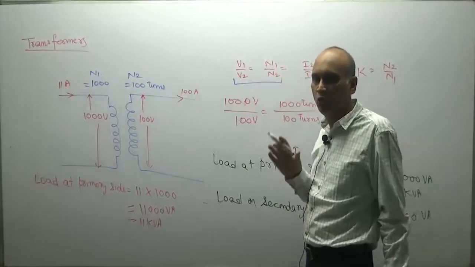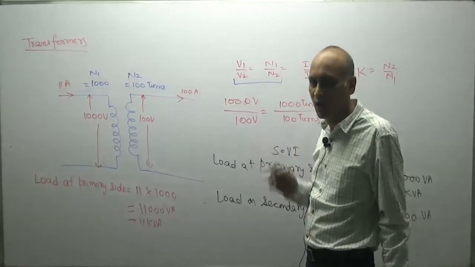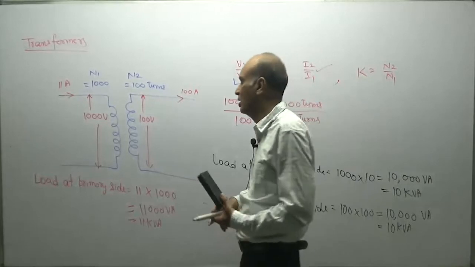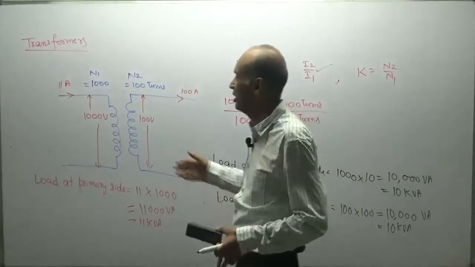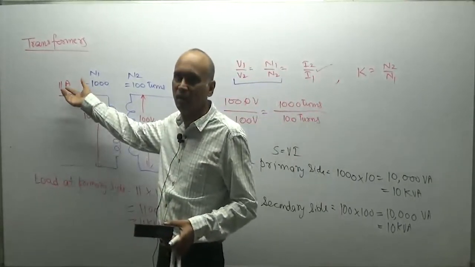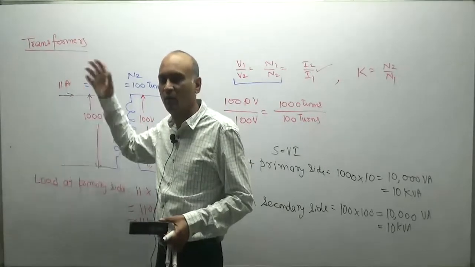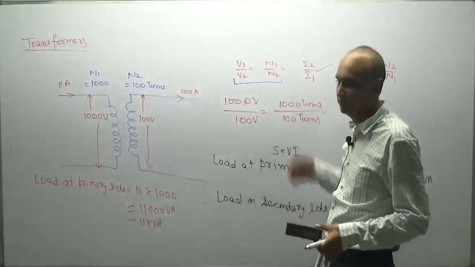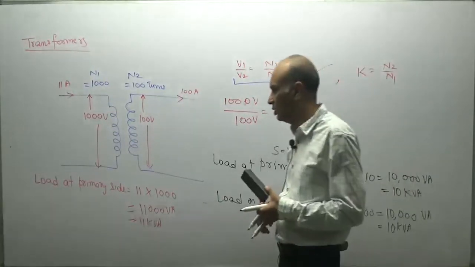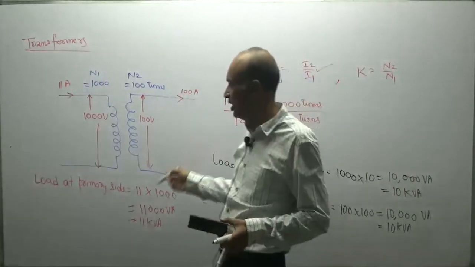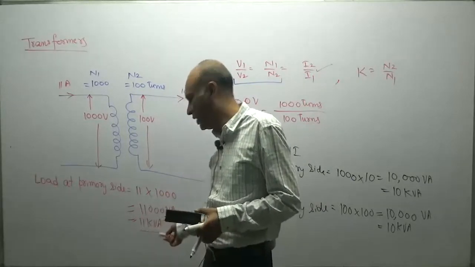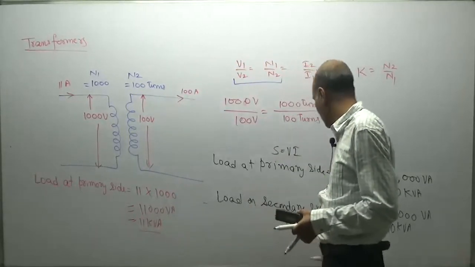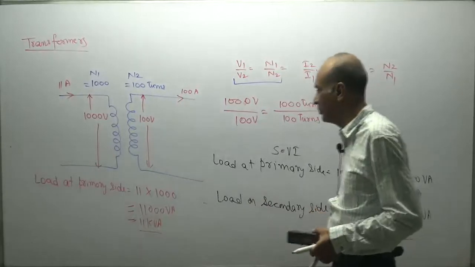There is a no load current in the transformers. Because of this, the current will be somewhat more than what you have calculated with this formula. So in this diagram, actually the load on the primary side is 11 kVA, and the load on the secondary side is 10 kVA.